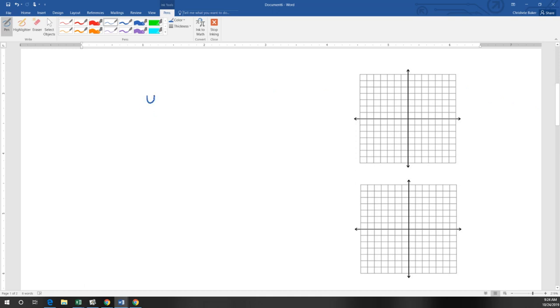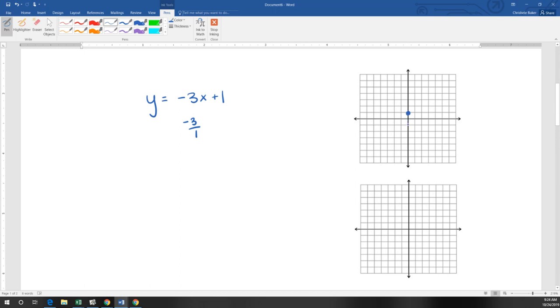Next one, y is equal to negative 3x plus 1. Again, in this one, my y-intercept is positive 1. So I'm going to go up to positive 1, plot my y-intercept. And my slope is actually negative 3 over 1. We know every single integer can be written divided by 1.